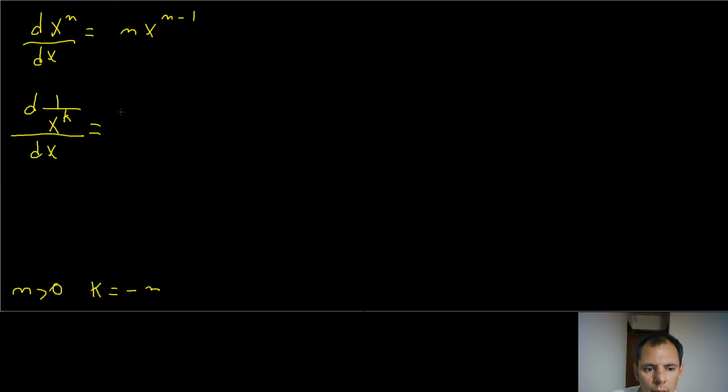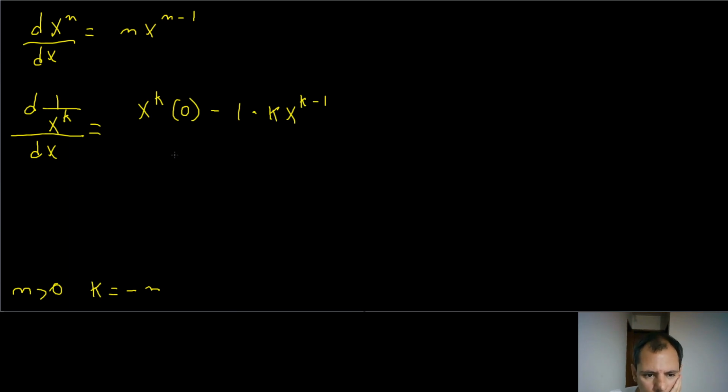Let's consider the denominator one function and the numerator another function. So let's use the division differentiation rule. It's g of x, so x to the k, times the derivative of f of x, which is 0, minus f of x, which is 1, times the derivative of g of x, which is k x to the k minus 1.